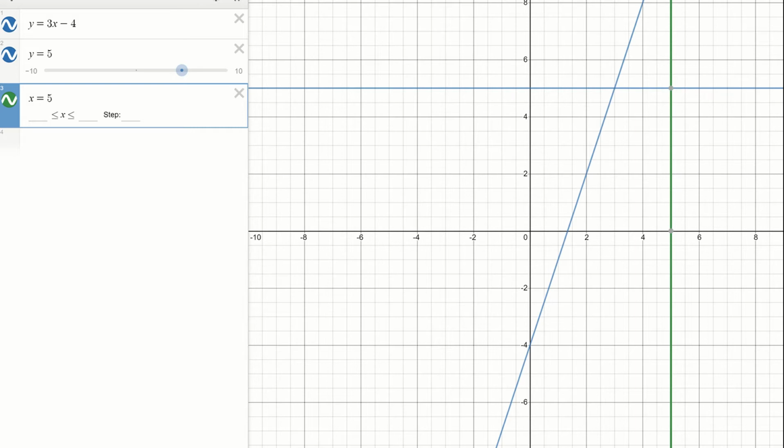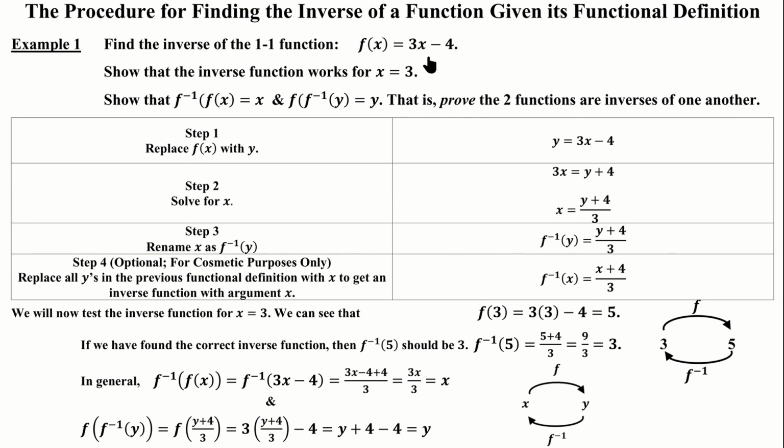All right. So we know that f of x equals 3x minus 4 represents a one-to-one function. And here's the procedure for finding the inverse. We're going to find the inverse. We're going to verify that it is in fact the inverse using a test point x equals 3. Then we're going to show that this composition relationship works for both directions.